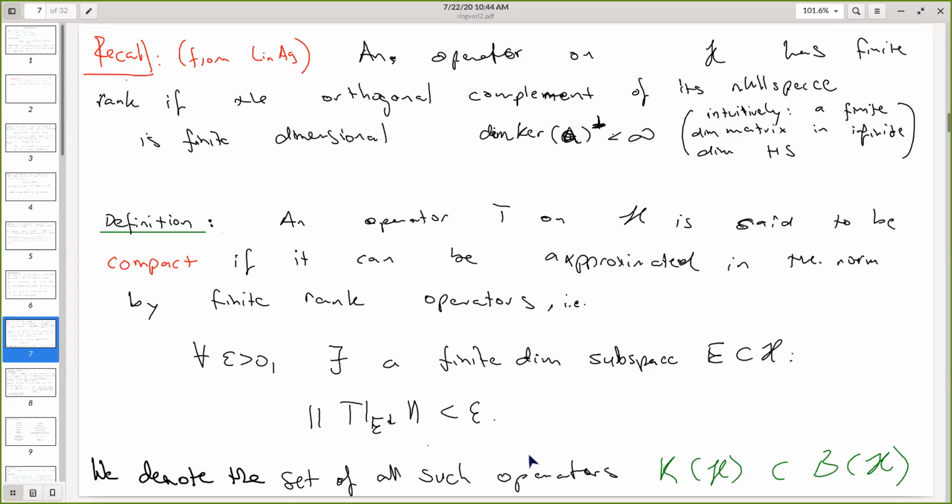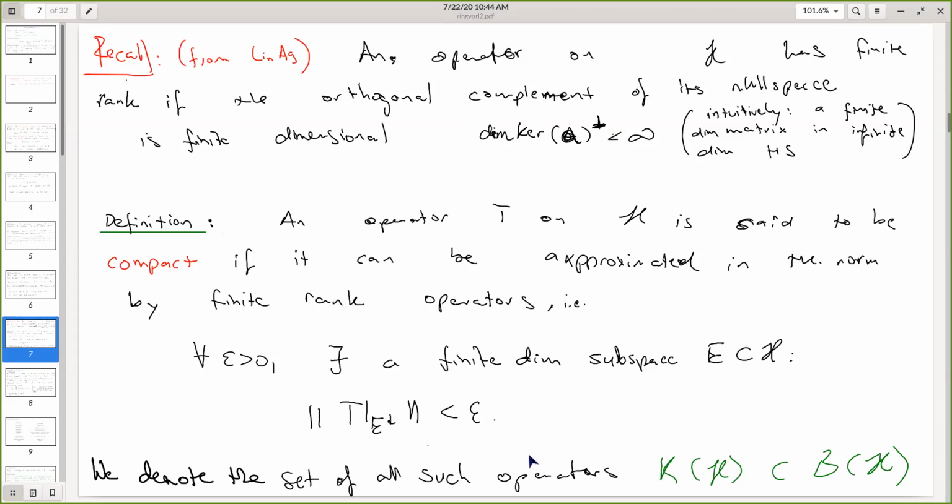So one of the very important entities that we work with is the so-called compact operators. I will define what a compact operator is. First of all, recall from linear algebra, for example, that an operator on a Hilbert space has finite rank if the orthogonal complement of its null space is finite dimensional.